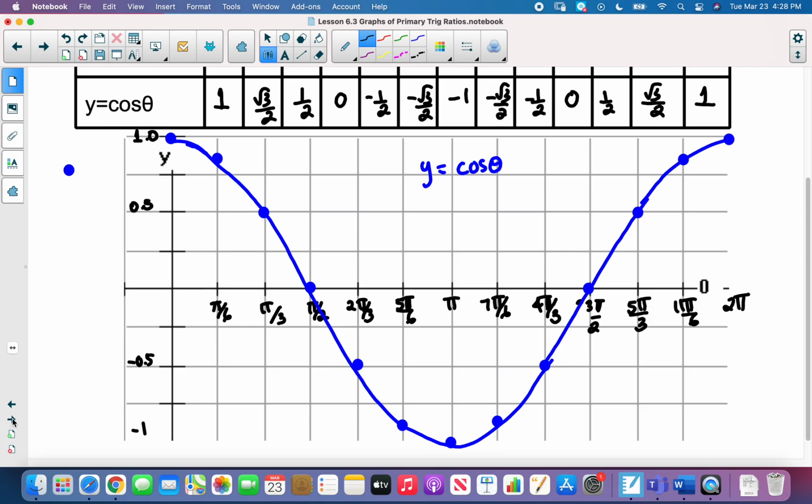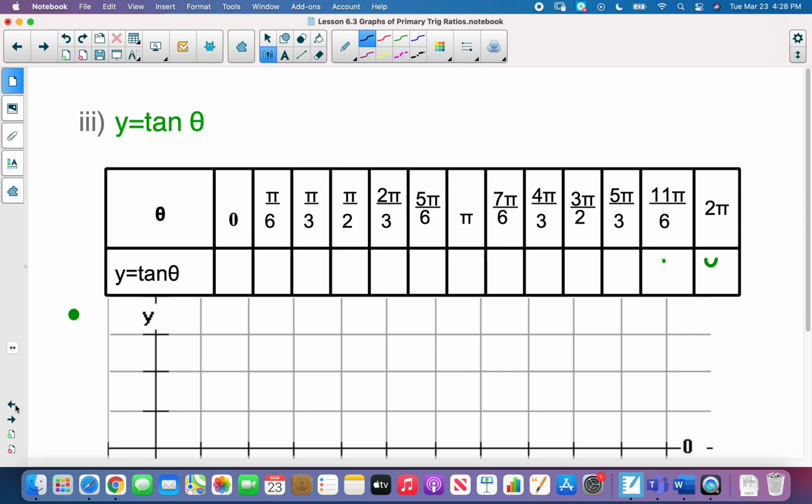Next, we're going to graph the third primary trig ratio, which is tan theta. So tan 0 is 0, tan pi over 6 is 1 over root 3. Then root 3, tan 90 is undefined. And then we go back to negative root 3. We are now in the second quadrant where tan is negative.